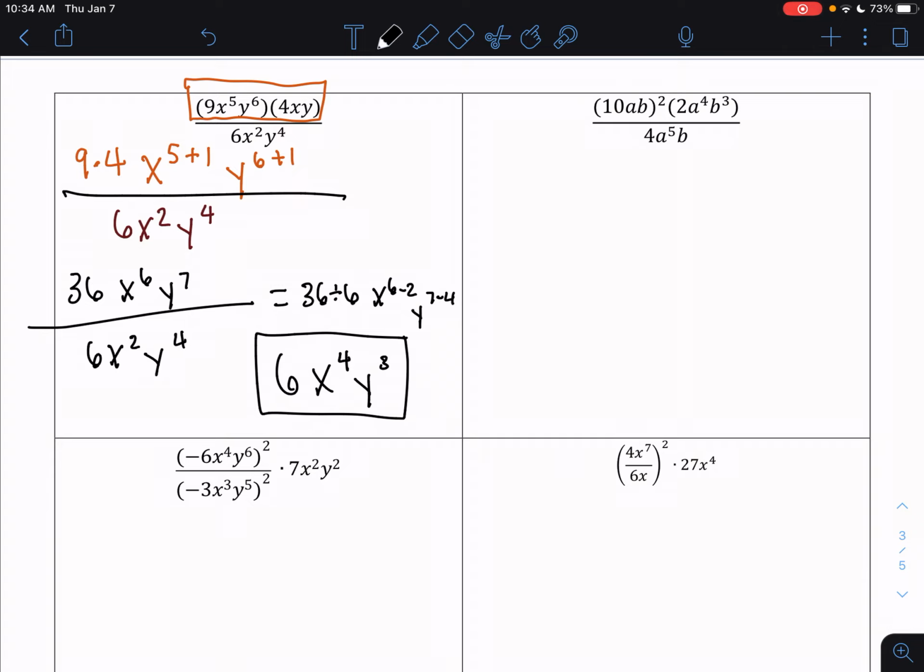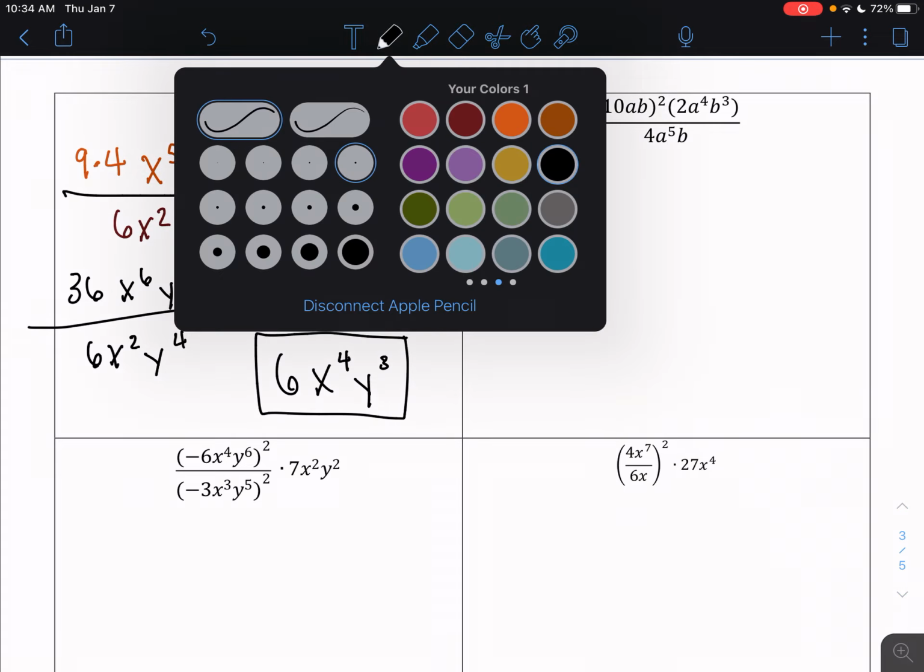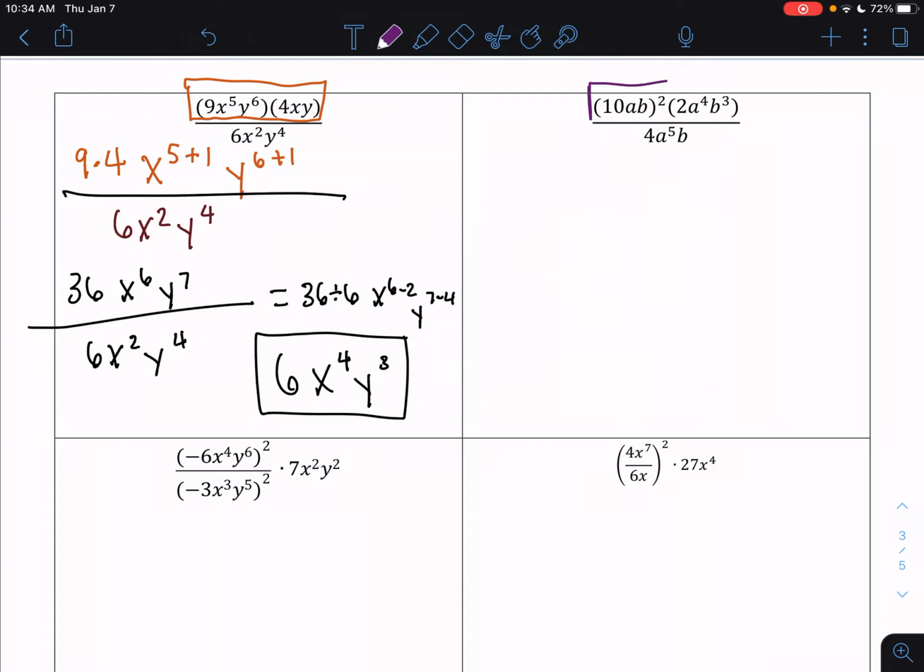All right, challenge yourself a little bit. Pause the video and try this next one. I know you can do it. All right, I'm going to walk you through it. Hopefully you tried it on your own. Just focus on the top first. Remember your rules.